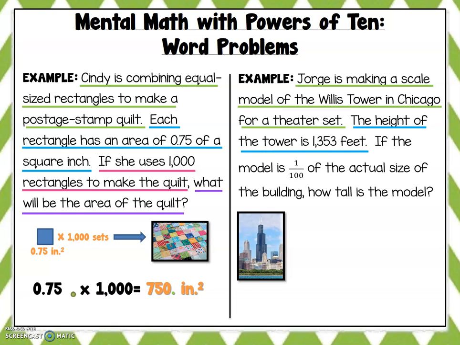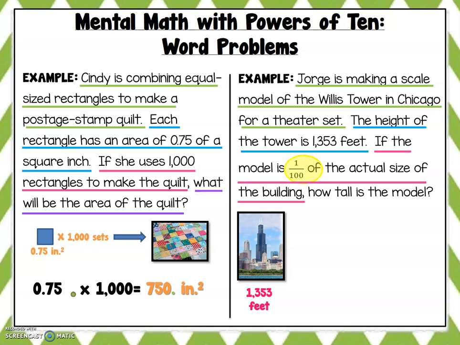The next sentence says the height of the tower is 1,353 feet. That means if I were to go to Chicago and measure it, it would be 1,353 feet tall. I'm going to break up the next sentence into two parts. The first part says, if the model is 1/100th of the actual size of the building, and here's the key part that tells you you are resizing.